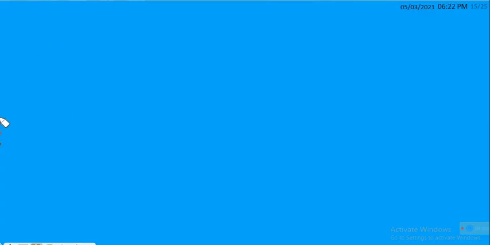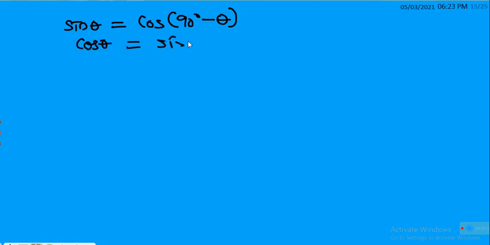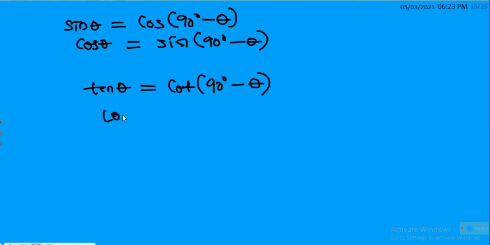So another thing you should also remember here, guys, is that sine theta equals cos of 90 degrees minus theta, and cos theta equals sine of 90 degrees minus theta. Okay, so we also have other ones like tan theta equals cot of 90 degrees minus theta, and cot theta as well equals tan of 90 degrees minus theta.